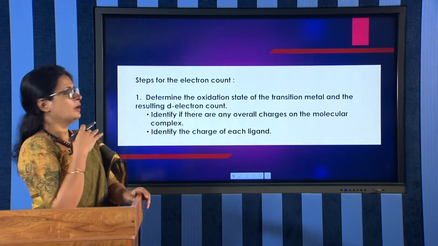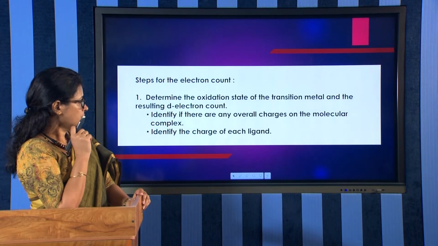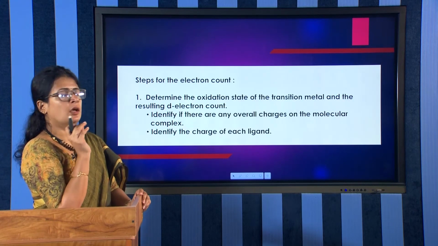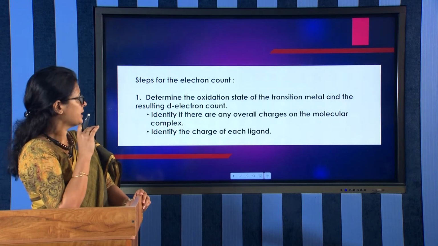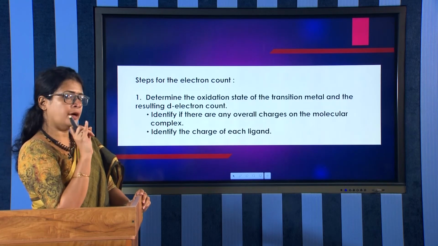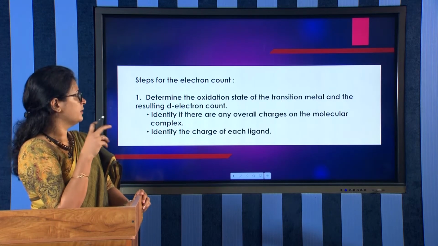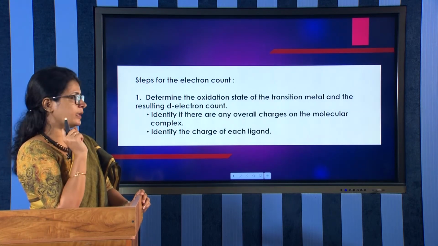And now we are going to the steps of the electron count. First, determine the oxidation state of the transition metal and the resulting d electron count. First we have to find the oxidation state and finally arrive at how many d electrons are there.